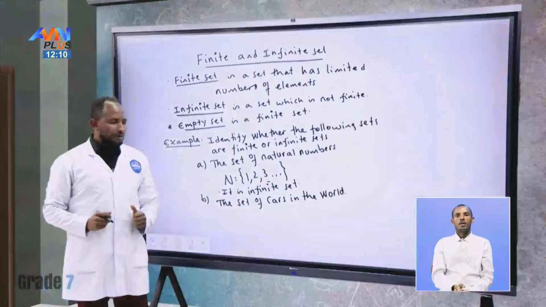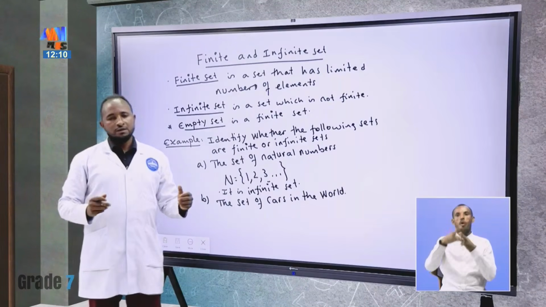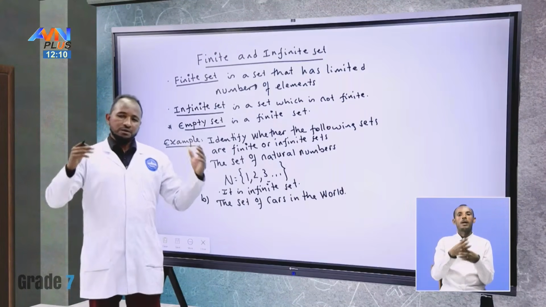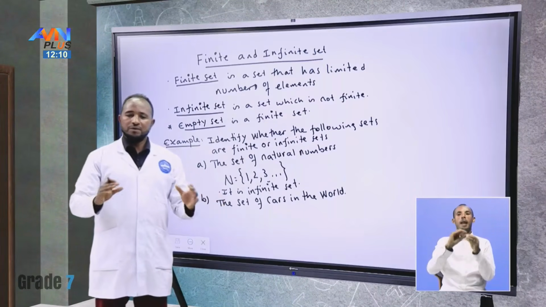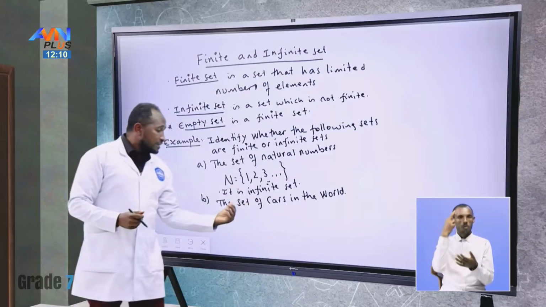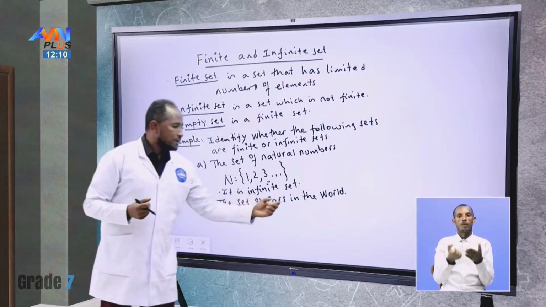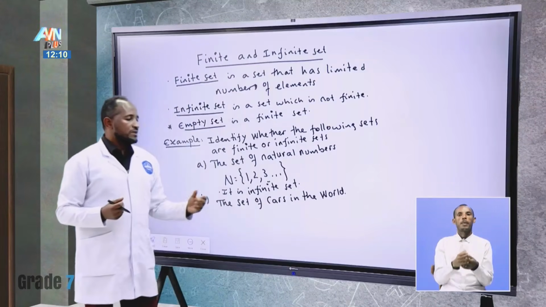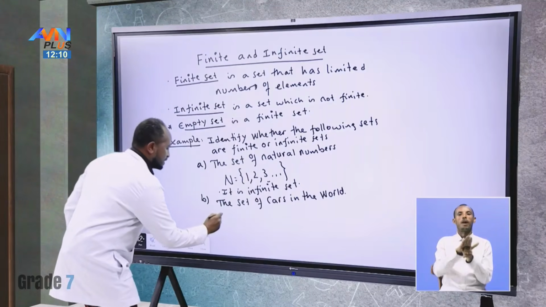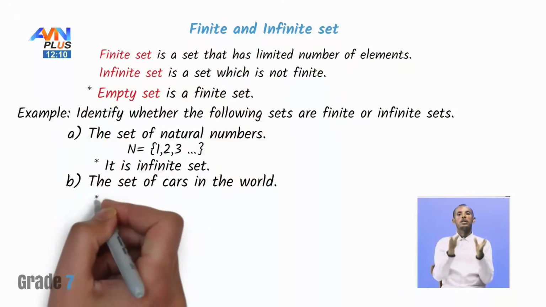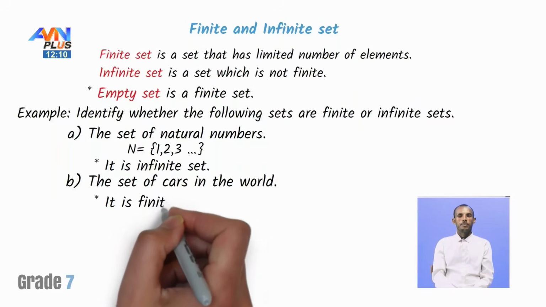Even though the number of cars in the world is so many, it's difficult to count, but the number is limited. Therefore, because the members of this set are limited, we call this set a finite set.